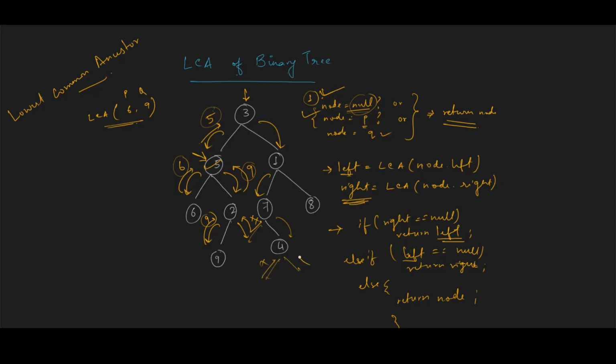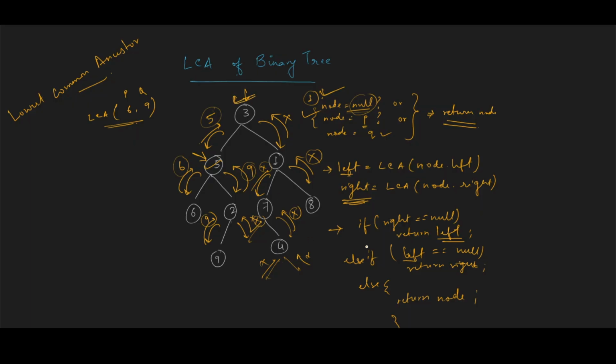From both we get a null, so 4 returns null to 7, right? Now 7 gets null from its left and null from its right, so 7 simply returns null. Now we go to the right of 1, we come at 8. From 8 also we will get a null. Now both left and right of 1 are null, so we will simply return null from 1.